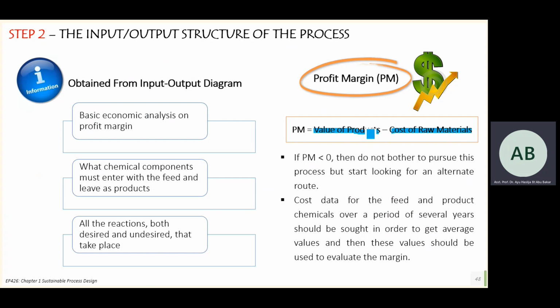What is the cost of urea at the current market? Then what is the cost of H2 and N2? Product minus the cost. If you get a positive value, then proceed. That means you are making some profit in general. If negative, don't bother to proceed. You will not get any profit.